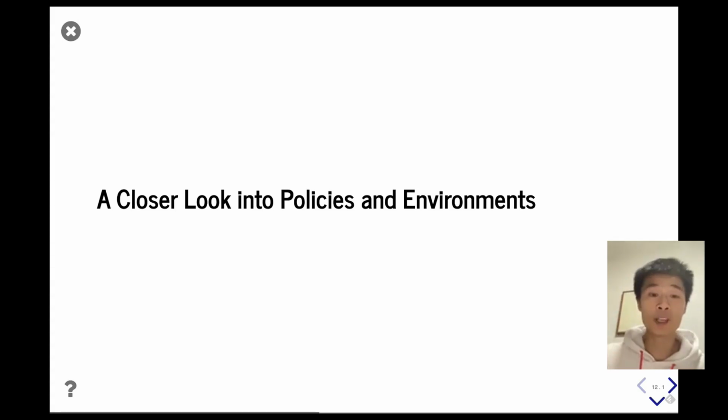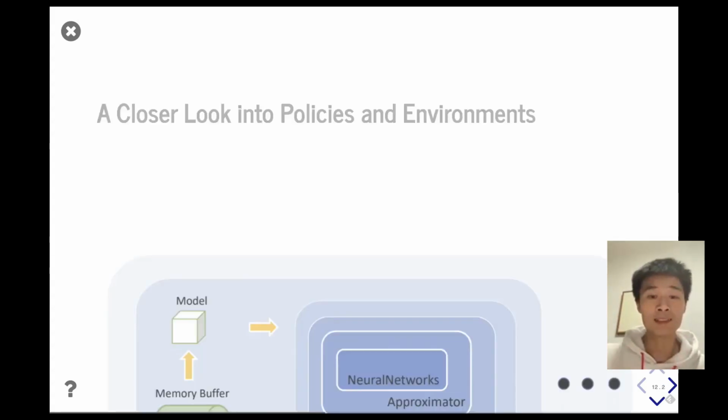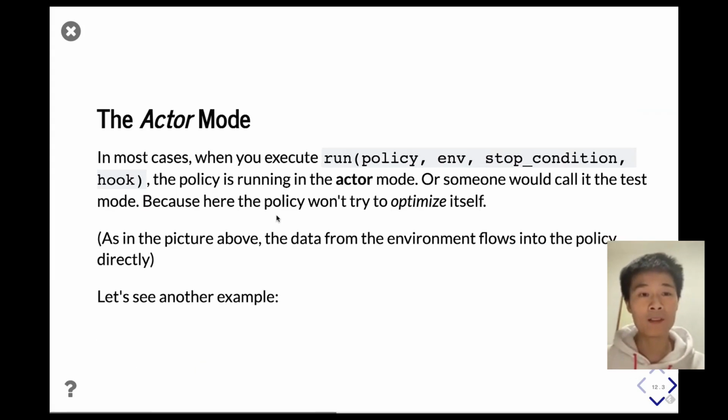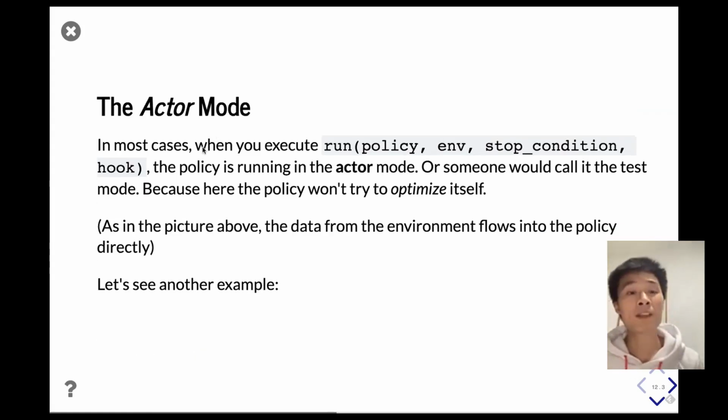Now let's take a closer look into policies and environments. This is a layered picture of the different components of environments and policies. I will go back to this picture soon. First, let's see what's happening when we execute the run function with policy, environment, stop condition and hook. When we execute this run function, the policy is running in the active mode, or someone would call it the test mode, because here the policy won't try to optimize itself.